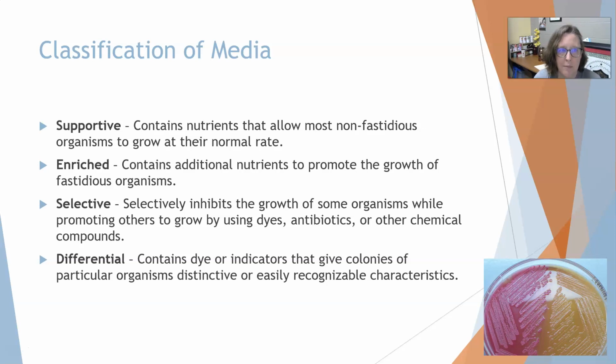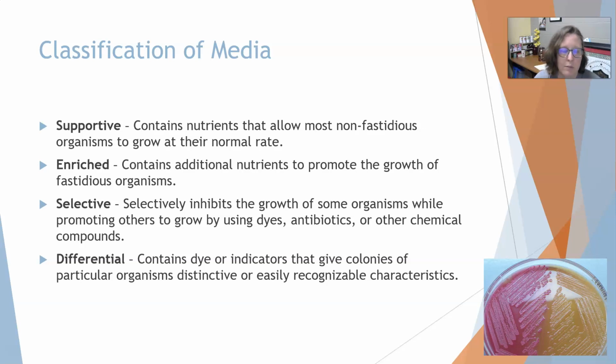And then media can also be selective and or differential. So selective media selectively inhibits the growth of some type of organisms while promoting the growth of another. And it uses dyes, antibiotics, or other chemical compounds to do that. And so it selects for a category of bacteria or for a certain type of bacteria. And then differential media contain dyes or indicators that will give colonies of certain organisms a distinctive look or an easily recognizable characteristic.